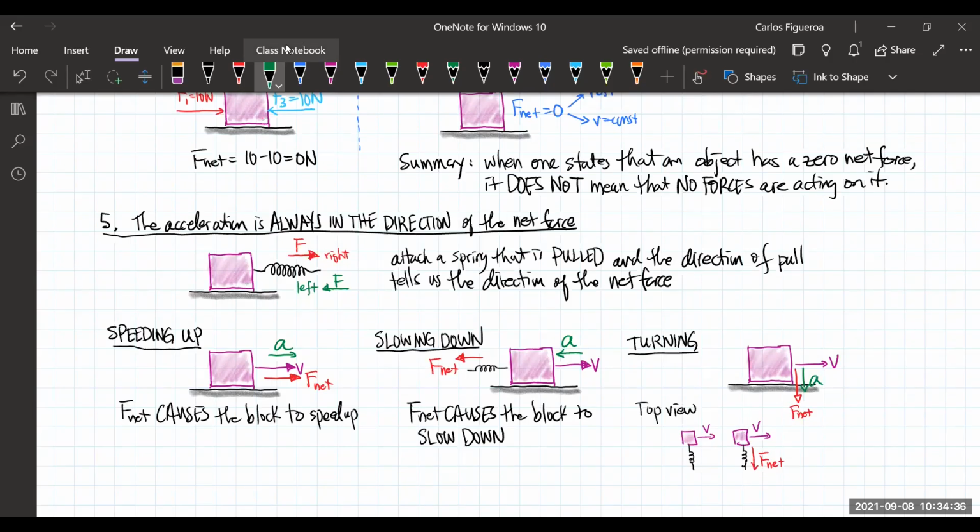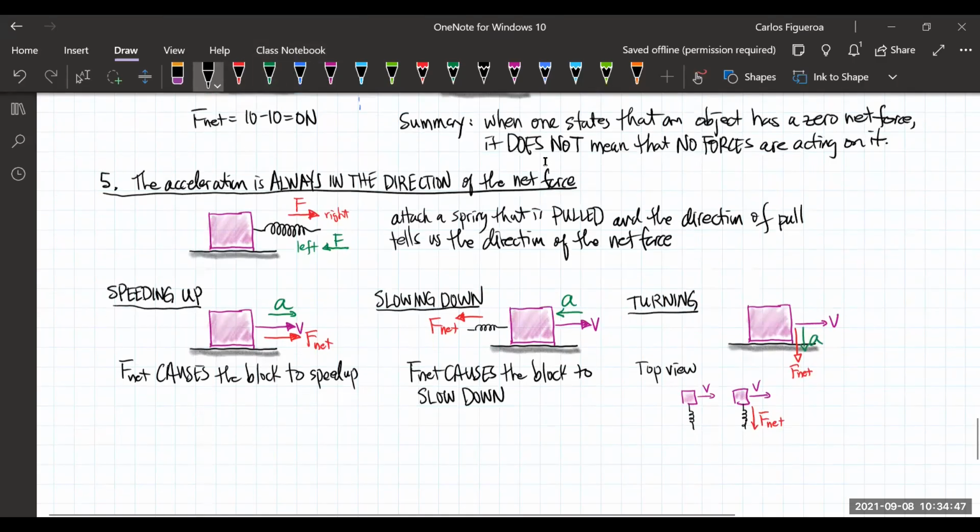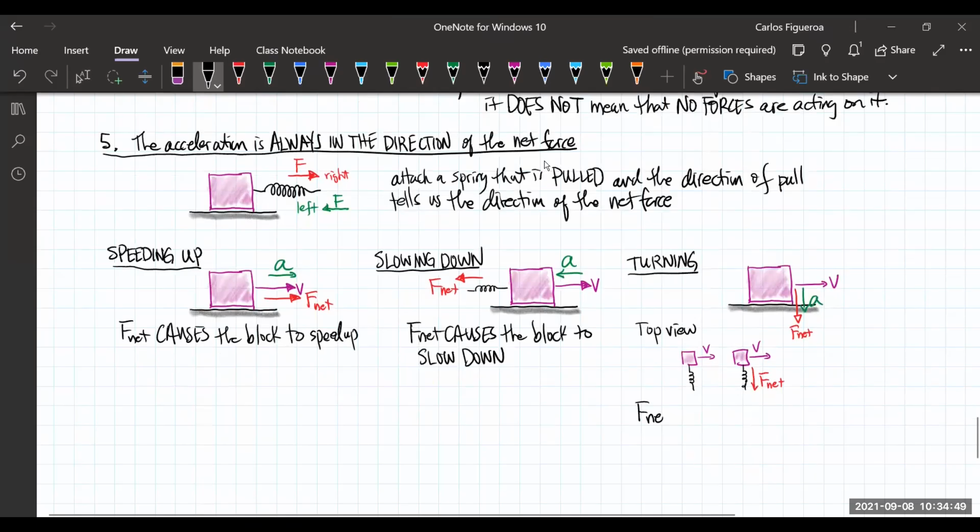And because I have a perpendicular direction, the net force causes the block to turn. So if I write that out, the net force causes the block to turn. The direction of the net force is the direction of acceleration. Okay. So that concludes Newton's second law.